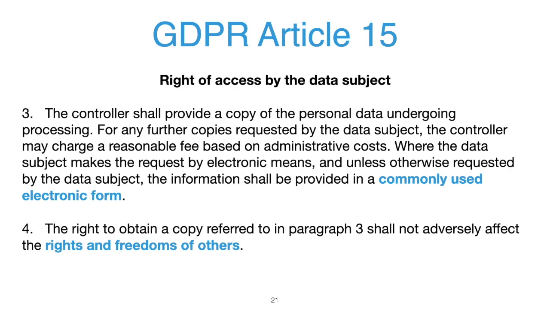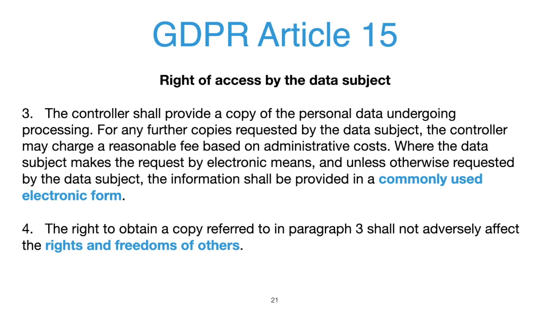Article 15.3 gives the data subject the right to a copy of the data. And where the request for that data is made electronically, the data should be supplied electronically. And importantly, it should be supplied in a commonly used electronic form.